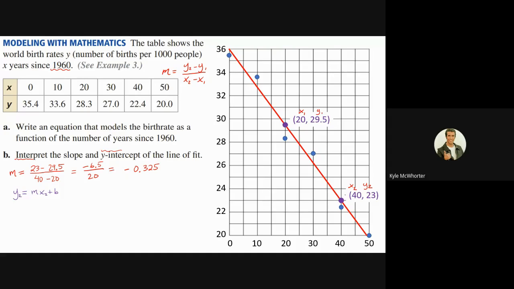So y2 was 23. M is negative 0.325. X2 was 40. So I need to do 40 times negative 0.325. That gives me negative 13.